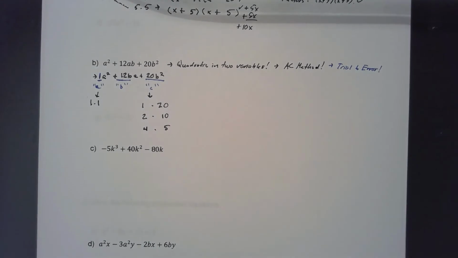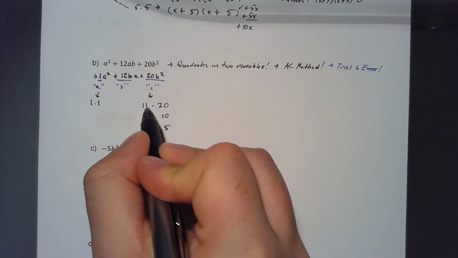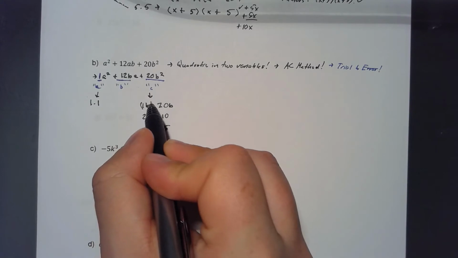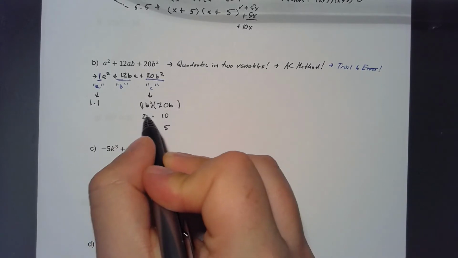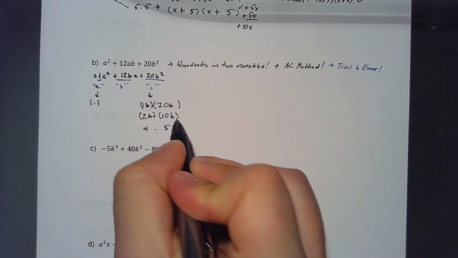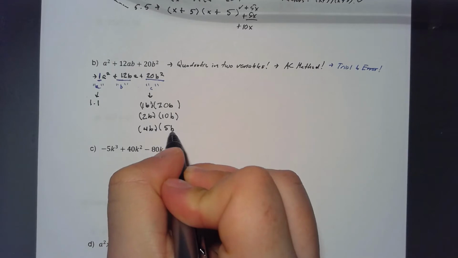I think that's it. Now, this is 20b squared, so really both of these factors have a b on them. So that's 1b times 20b. This is 2b times 10b. And this is 4b times 5b.